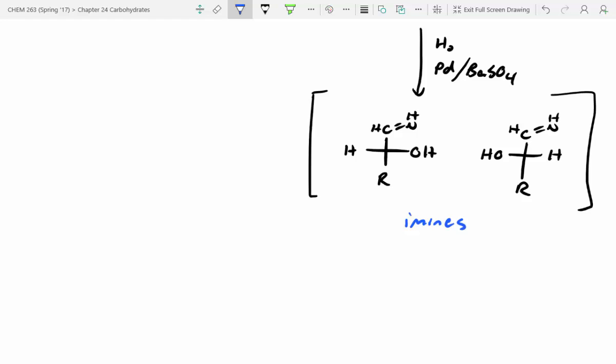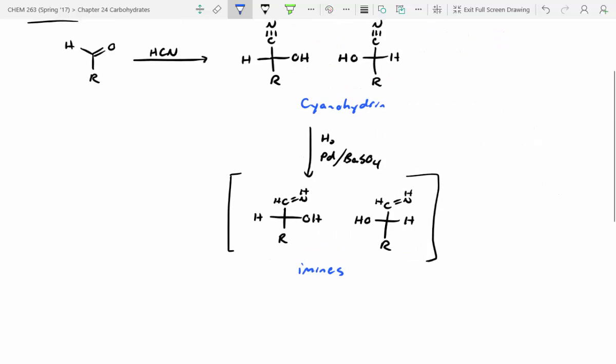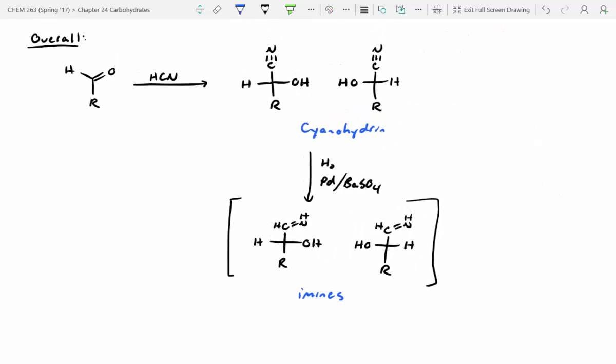It'd be a special type of diastereomer. We're only changing one position. Does anybody remember what that's called? Epimers. So in each of these two intermediates, we're basically forming a mixture of epimers. The first one is an epimer of cyanohydrin, and then the next one is an epimer of an imine. Epimers are where you just vary one stereocenter, right? So it's a special type of diastereomer.